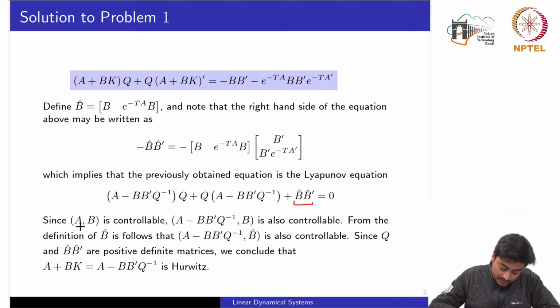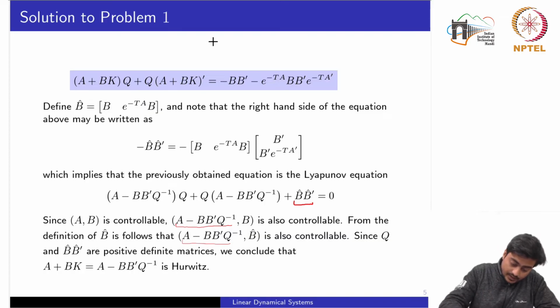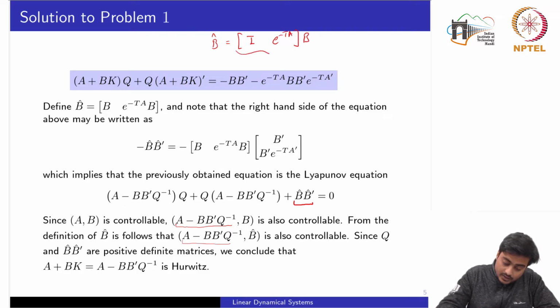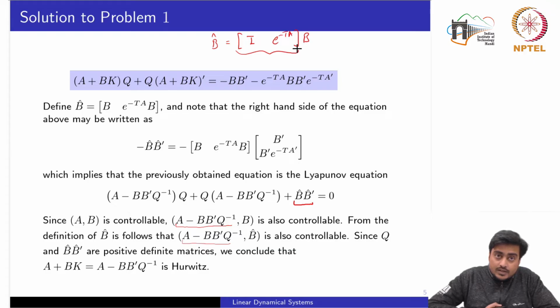So since the original pair A comma B is controllable, this new closed loop state matrix paired with the matrix P would also be controllable. This was one of the results. Now from the definition of the B hat, it follows that this pair would also be controllable. Because why? I can express this B hat as I, e to the power minus tA, times B. Okay, now this matrix would be a non-singular matrix, definitely.